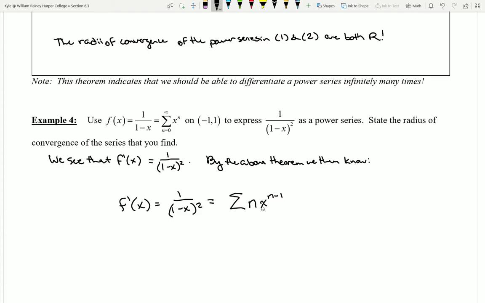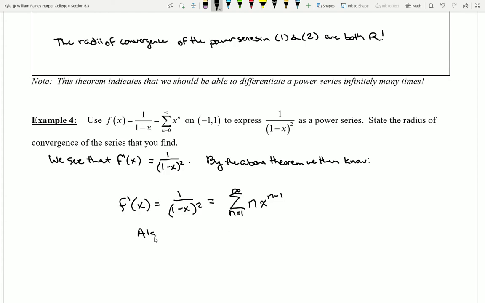Notice I'm taking the derivative with respect to the variable of x, since this is just a polynomial looking thing with x's in it. Remember again though that I'm going to start with my n here at a 1, since I know that my constant term here would just fall off. So this here is a power series that models our new function.